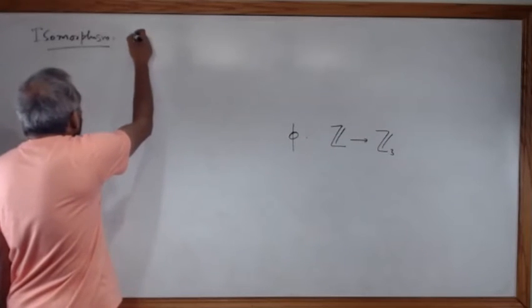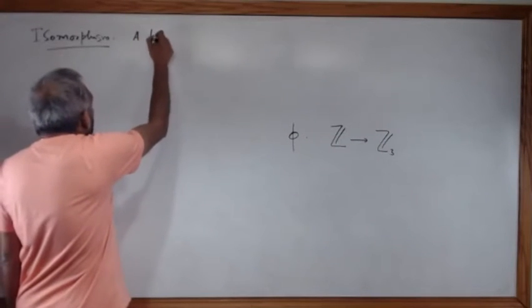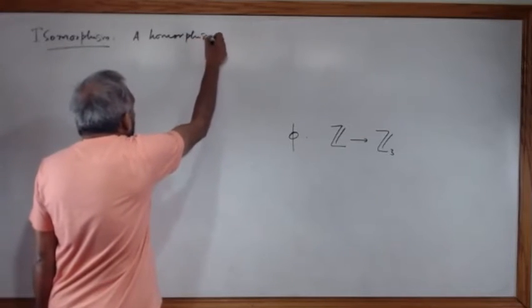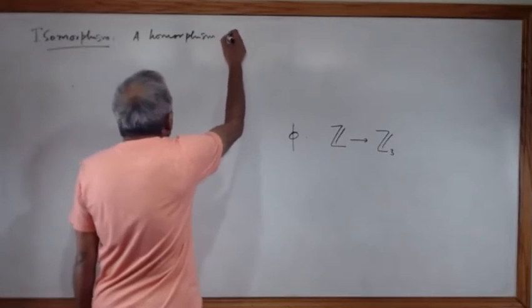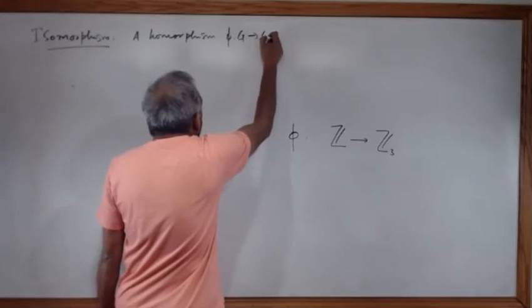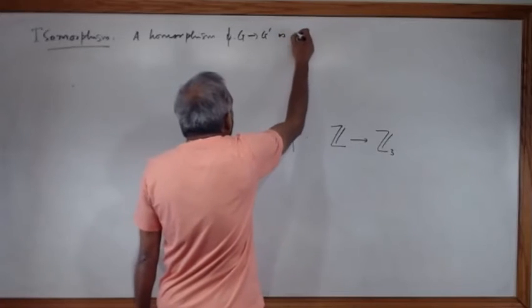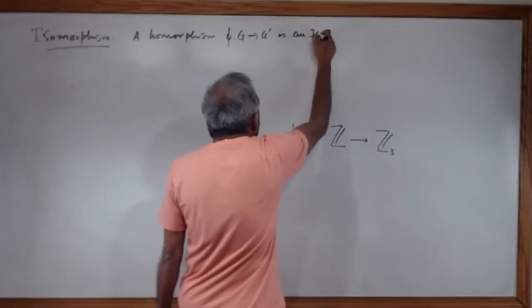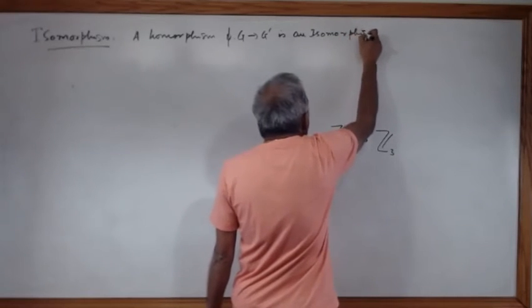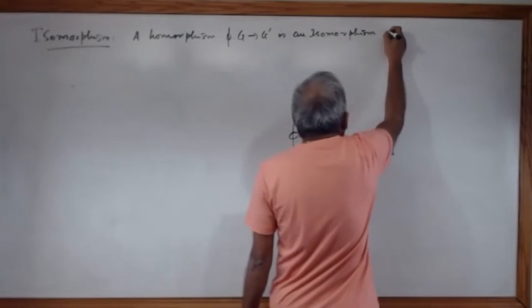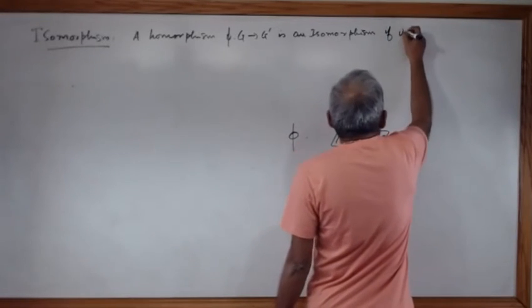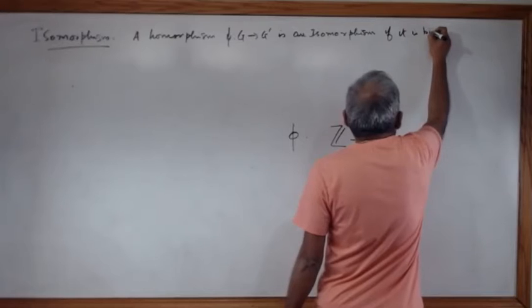So the definition is like this: a homomorphism from G to G prime is an isomorphism if it is bijective.